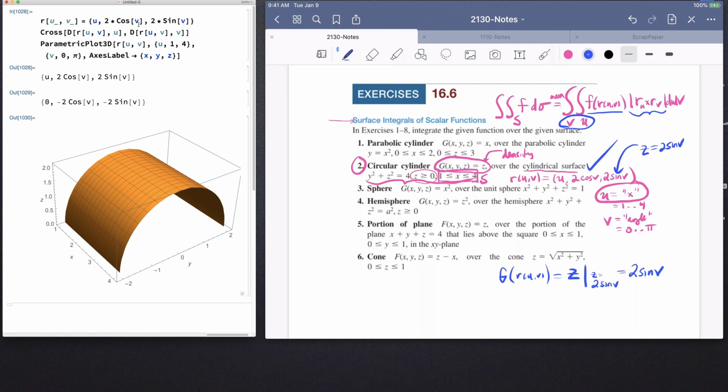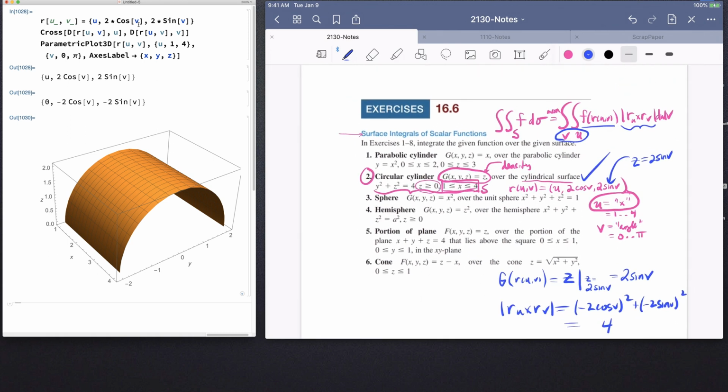And then the magnitude of that vector, so the magnitude of r_u cross r_v is equal to the square root of cosine squared plus sine squared, and we need to square the negative 2's, so that leads to negative 2 cosine of v squared plus negative 2 sine of v squared, which is otherwise known as 4.